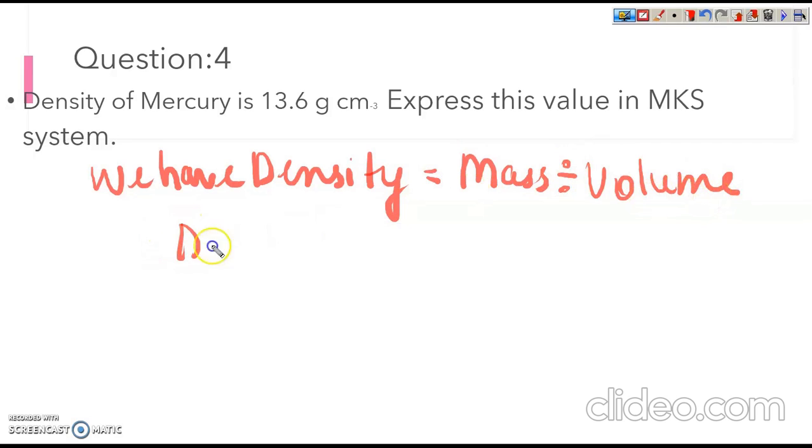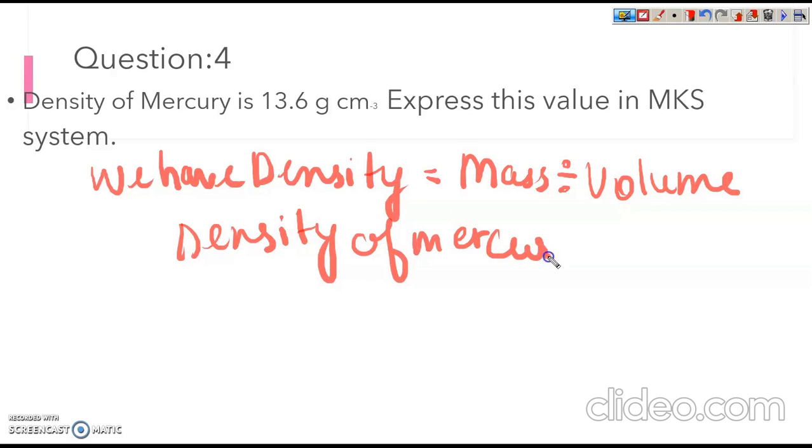And it's given that density of mercury is 13.6 gram per centimeter cube.